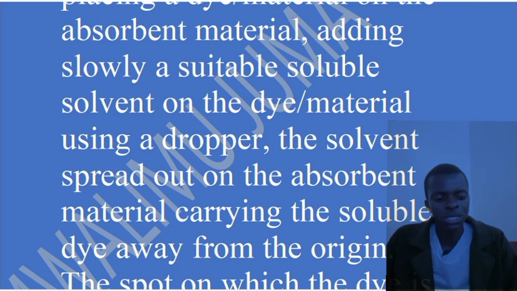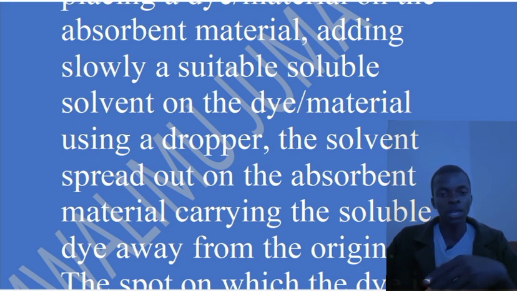Now, the spot on which the dye is initially placed is called the baseline. The origin that has the initial spot, we are calling it the baseline. Before adding the suitable soluble solvent, they are all on the origin.